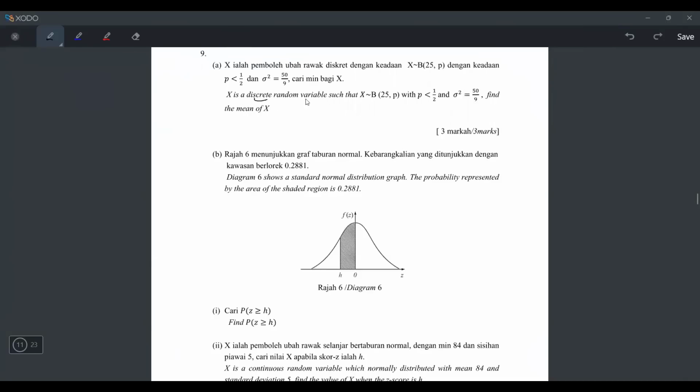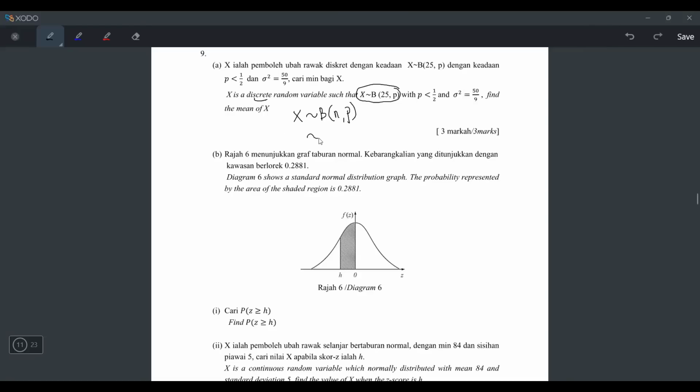X is a discrete random variable such that X is like this. Okay, let's talk about this. If they write like this, X, and then they put this wave, and then B, and then they write 25, p, you should know that the number before the comma is the n, and the one after the comma is the p. But what if one day they write like this?